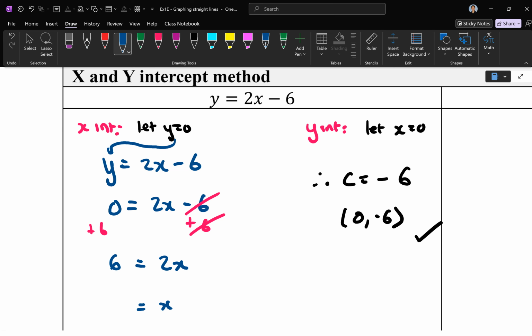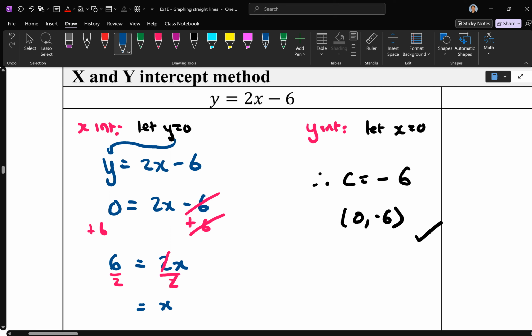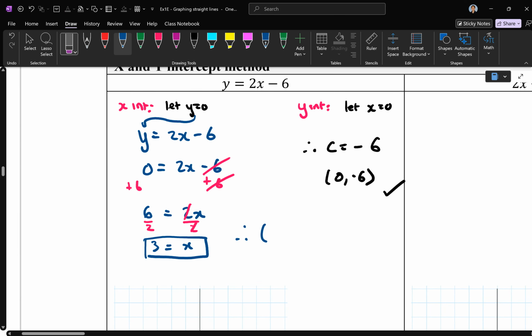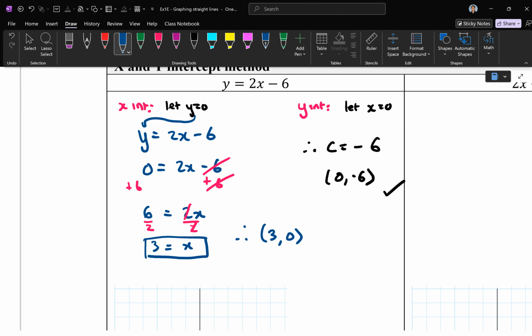And because 2x means 2 times x, to get rid of the times 2, we divide both sides by 2. 2 divided by 2 cancels out to be 1. That's why you're left with x. And then finally your answer is 6 divided by 2, 3. So that tells me your x-intercept is at 3. X is 3 and y is 0, because you sub y is equal to 0. You said the y corner has to be 0.